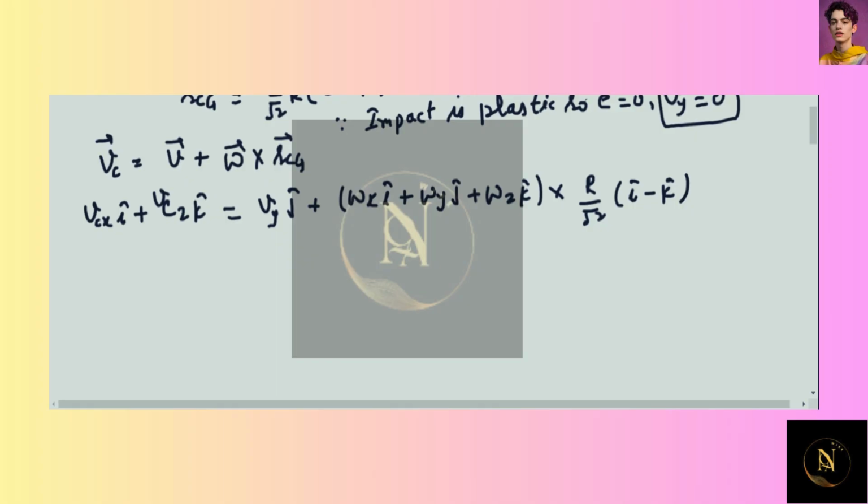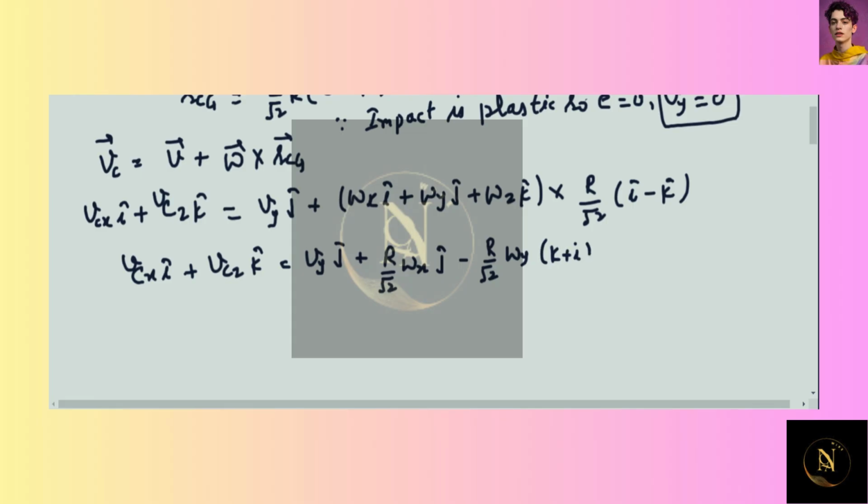On simplifying the right hand side, finding the cross product, we can write vcx i cap, vcz k cap, equals vy j cap plus r by root 2 omega x j cap minus r by root 2 omega y k cap plus i plus r by root 2.